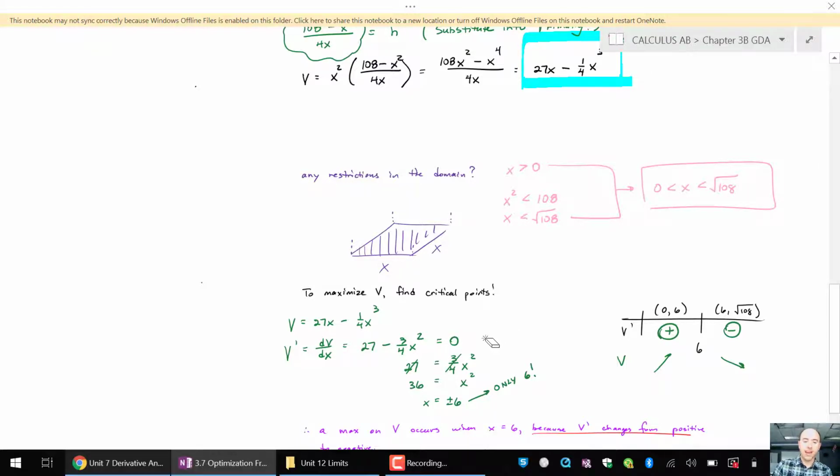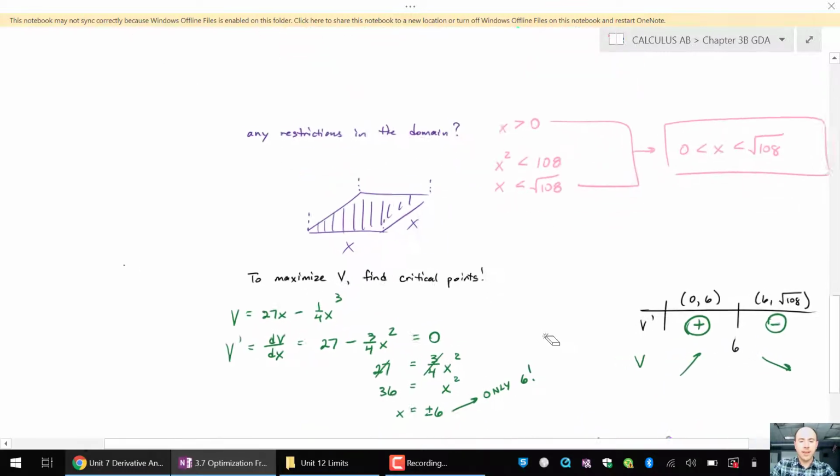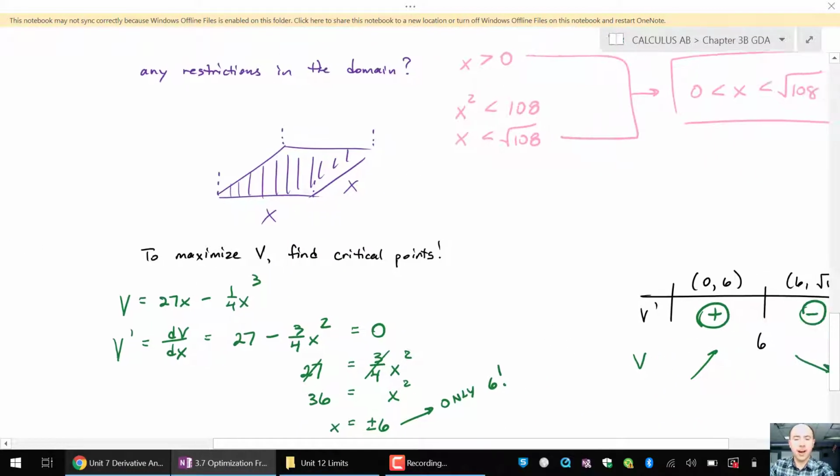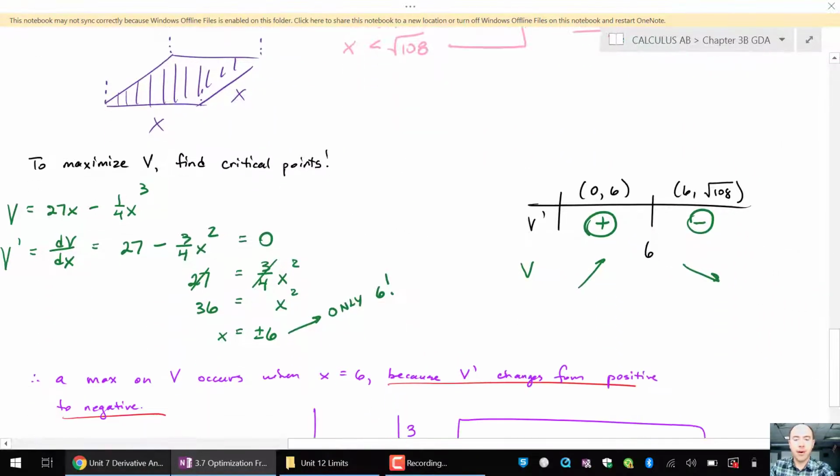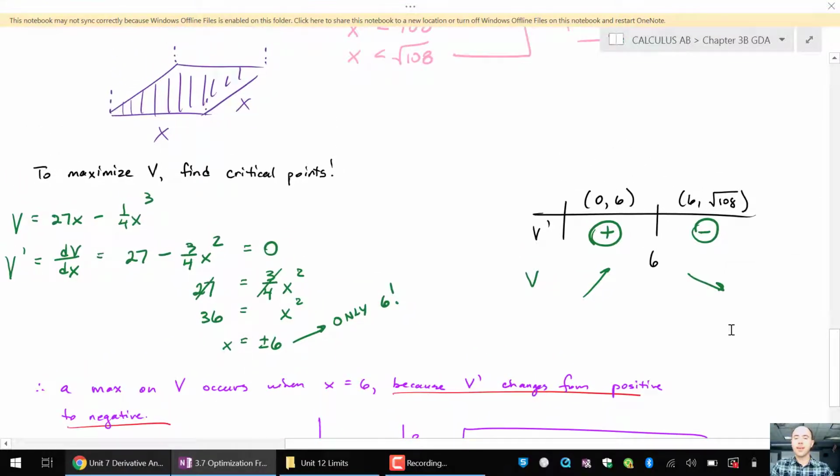Now the critical points I found here are plus and minus 6, but remember that only positive 6 would fit on that domain. And so what I did is I built a sign chart on v prime, and I found that at x equals 6, the derivative of volume changes from positive to negative, which proves that volume is maximized when x equals 6.